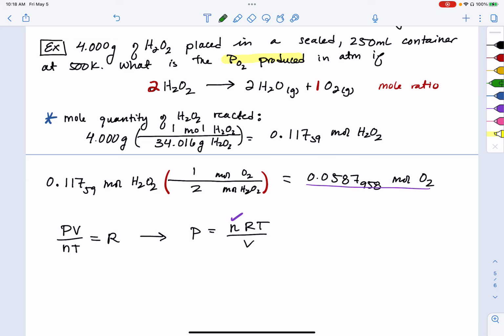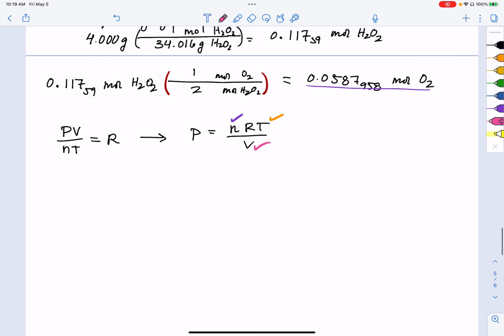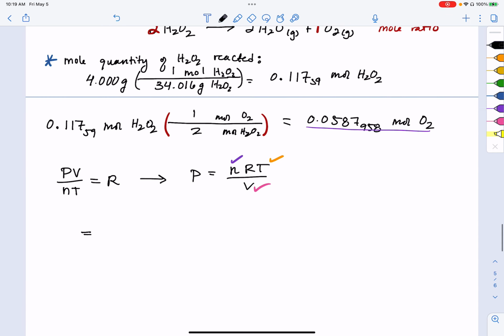Do I have my temperature? Yes, I do, and it's already in Kelvin. Lucky me. And then I have a volume, however, it's not in liters, so I do need to convert it. But these are things that we can do without stressing out too much.